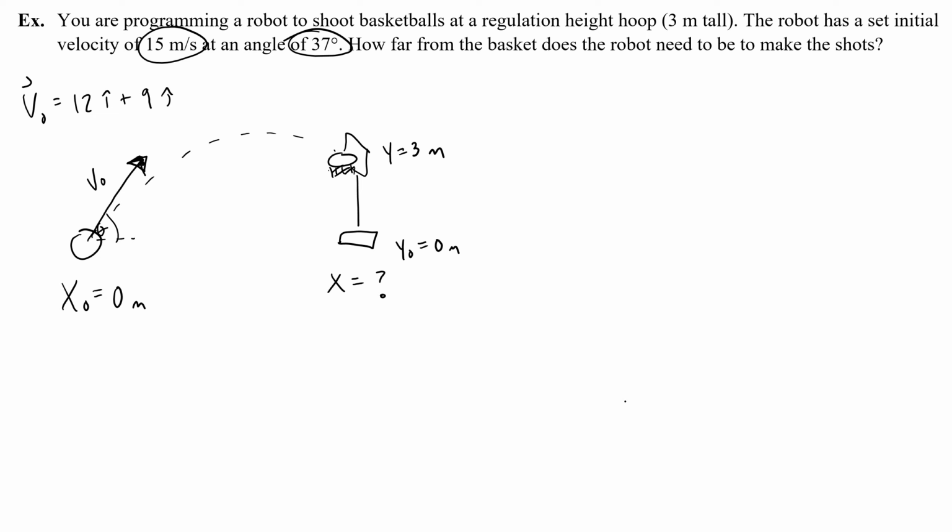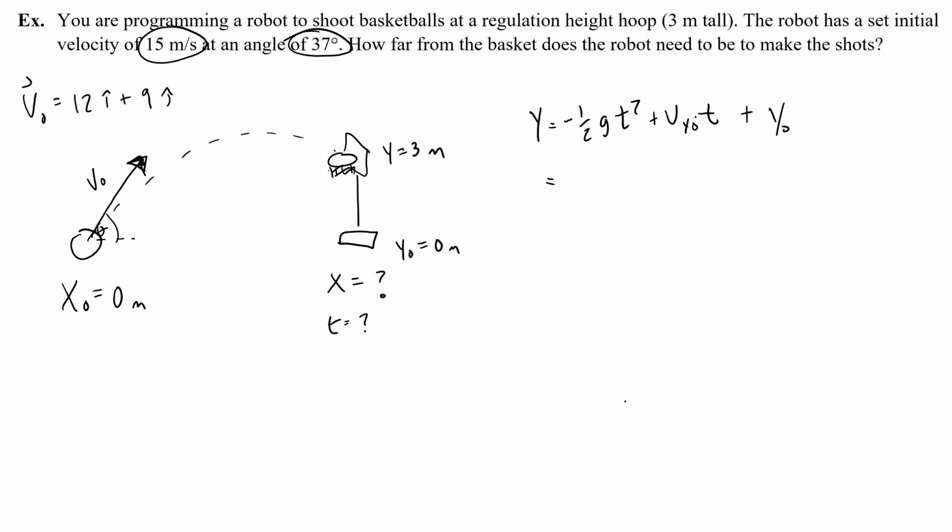Now, if I want to figure out how far forward it goes, then I'm going to need to figure out at what time it reaches the basketball hoop. And I can use this equation that we've been using quite a bit to write a graphable equation for myself.